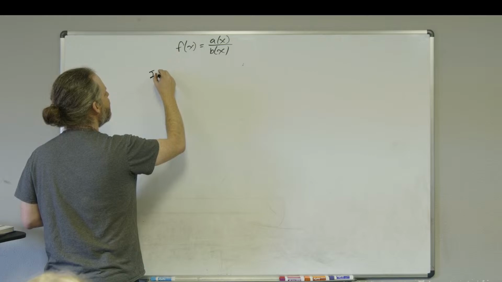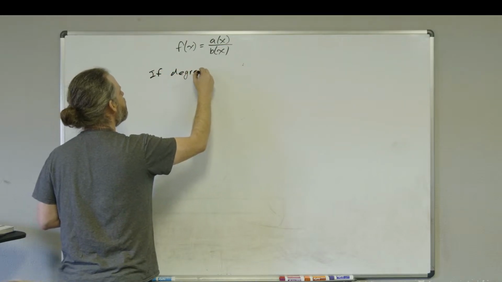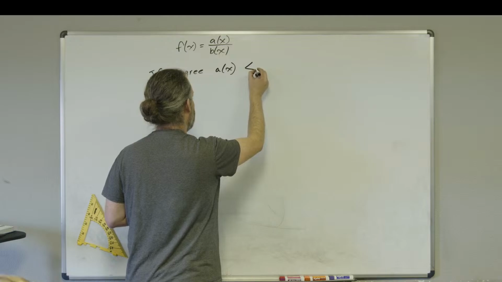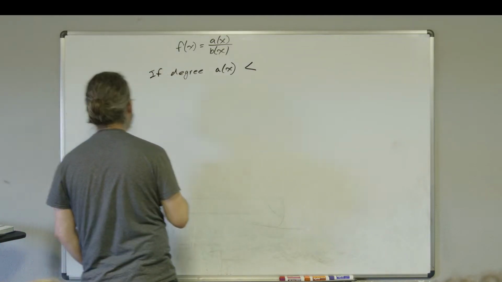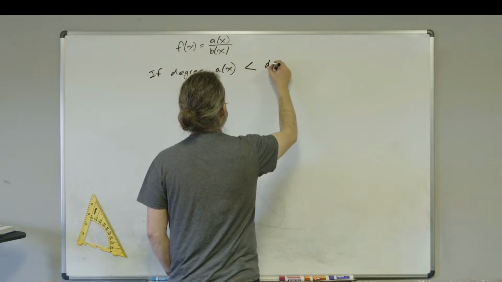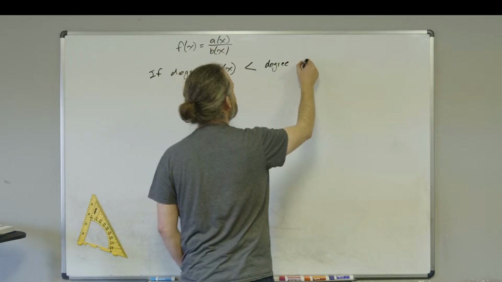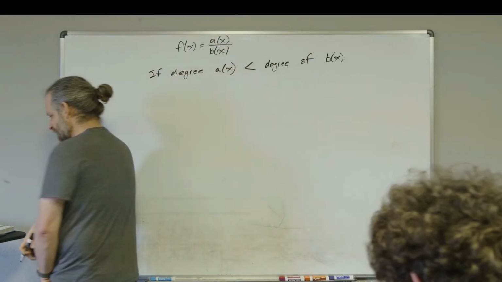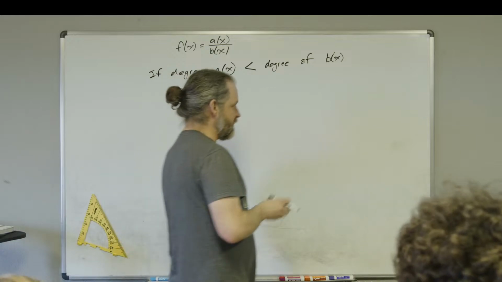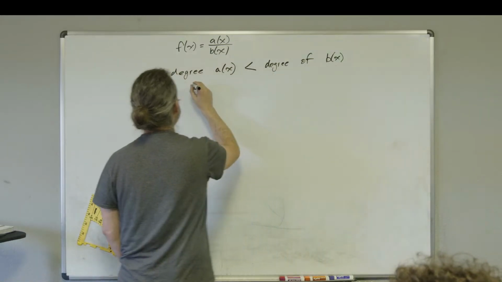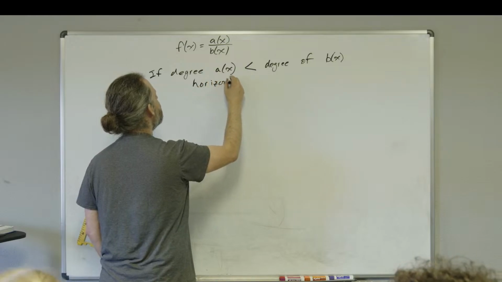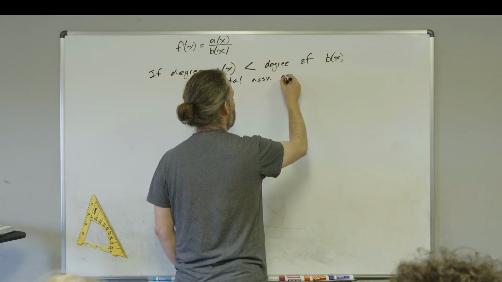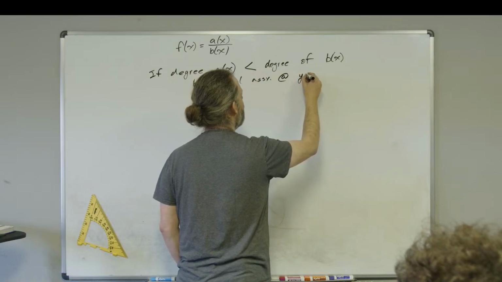If the degree of a of x is less than the degree of b of x, then the horizontal asymptote is at y equals 0.